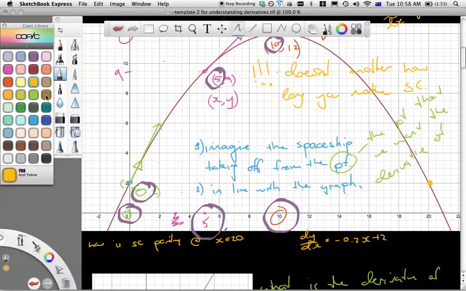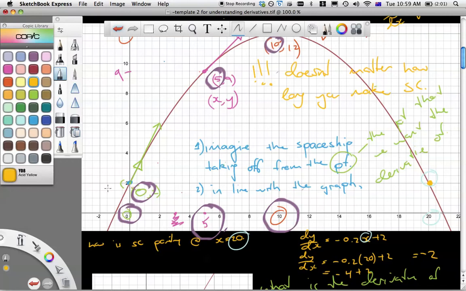So now we just have to substitute in this 20 into here, and so we get dy over dx equals negative 0.2 times 20 plus 2. Well, 10 times 0.2 would be 2, so all we've got here is negative 4 plus 2, which is the same as 2 minus 4. 2 minus 4 is negative 2. And so that's the way the spaceship would be pointing there.